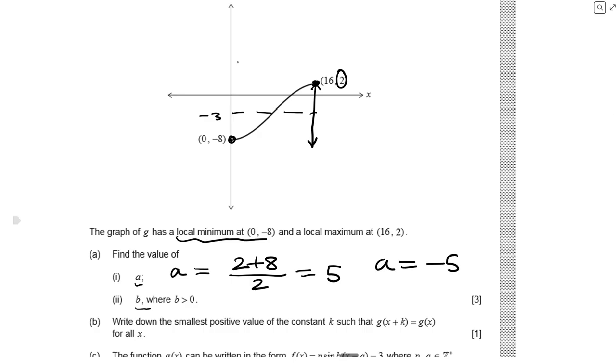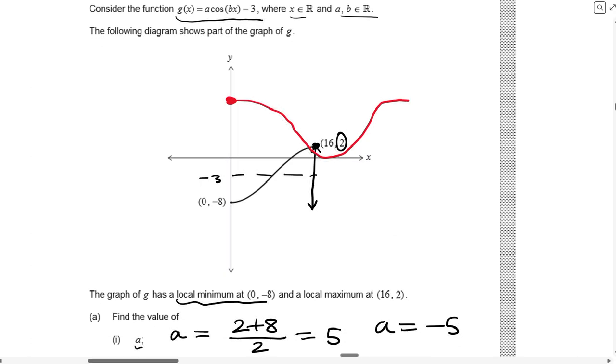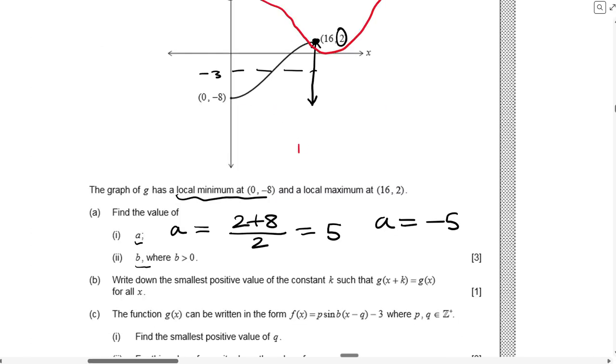Which is what I just discussed. Our regular cos graph would be here, right? And so we're having a flip. There's no horizontal shift, so that means we are just having a reflection in the x-axis.